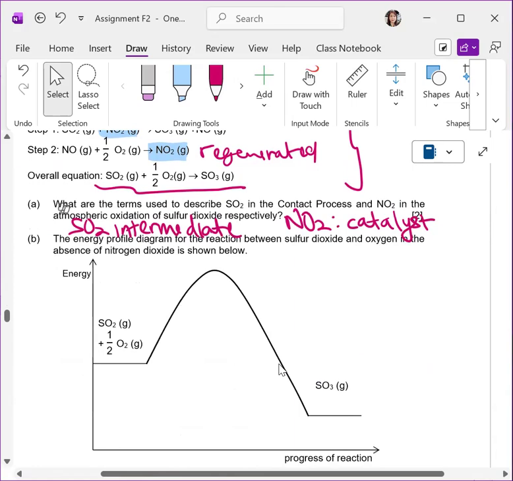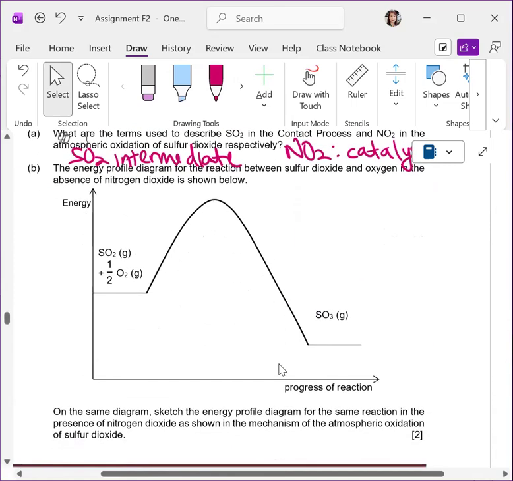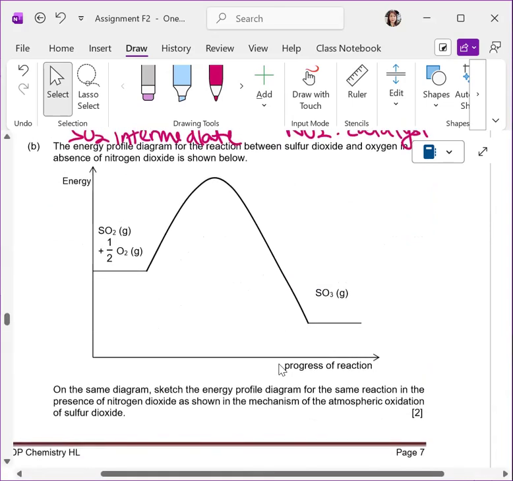Okay, next question. So we are seeing this energy profile diagram, and this is in the absence of NO2. Remember what was the role of NO2? It was a catalyst. So on the same diagram, we are going to sketch the energy profile diagram for the reaction now carried out in the presence of NO2. We expect that a catalyst lowers activation energy, provides an alternative pathway, without affecting the enthalpy change of a reaction.